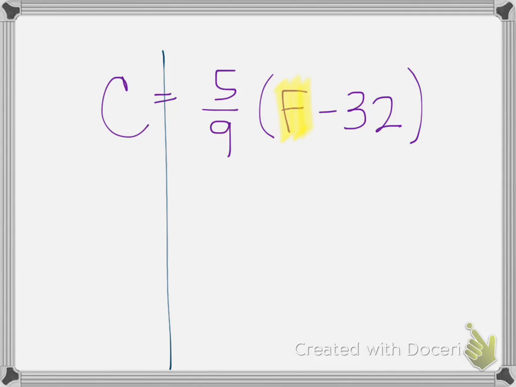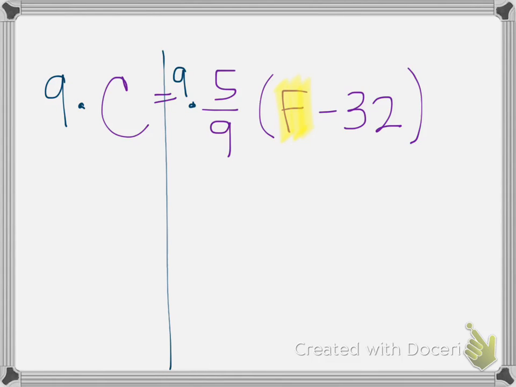So right now it's for Celsius. So we need to get rid of the 5/9. And to do that, I could just times it all by 9 to get rid of the 9. And then I'll end up dividing it all by 5. Let me show you this.